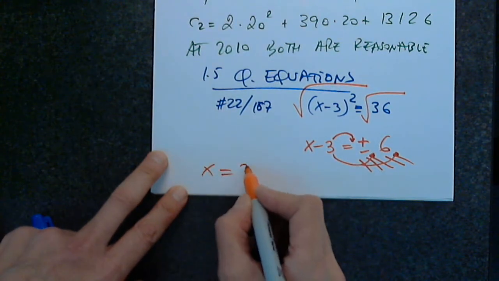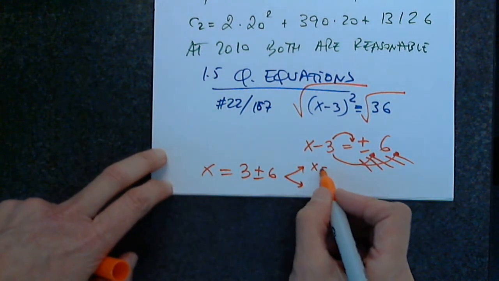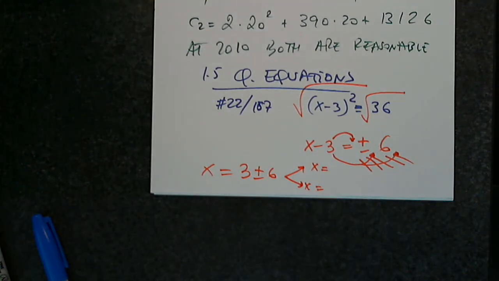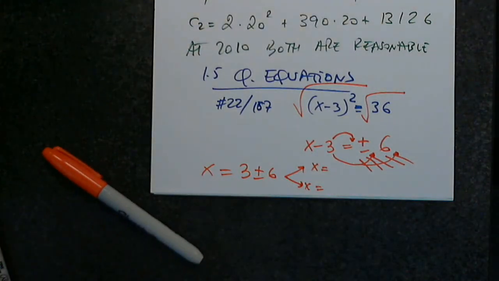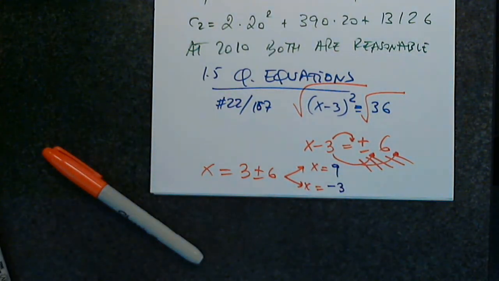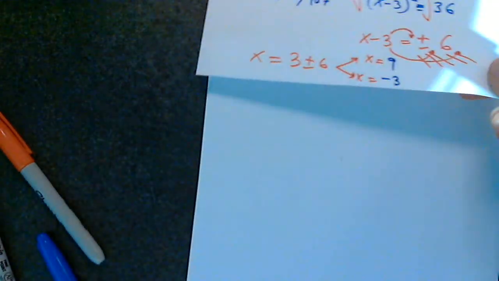So this will be x equals 3 plus or minus 6. And now I do have to separate the 2 equations, the 2 solutions. The first one is 3 plus 6. The other one is 3 minus 6. What are the solutions here? 9 and negative 3. And this is how the method of taking square roots works.